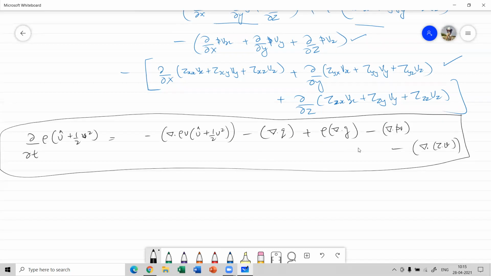So what do these terms basically represent? You can note it down. This particular term represents the rate of gain of energy per unit volume.